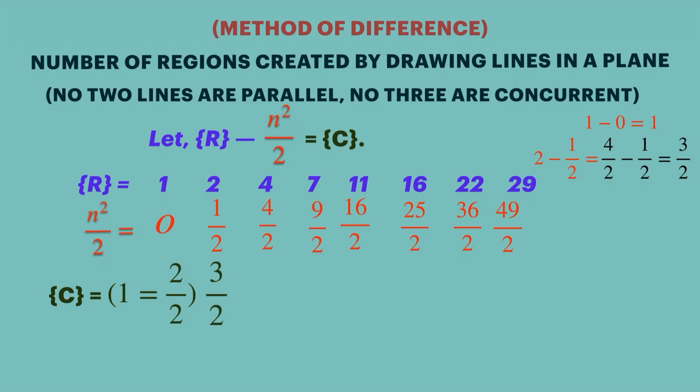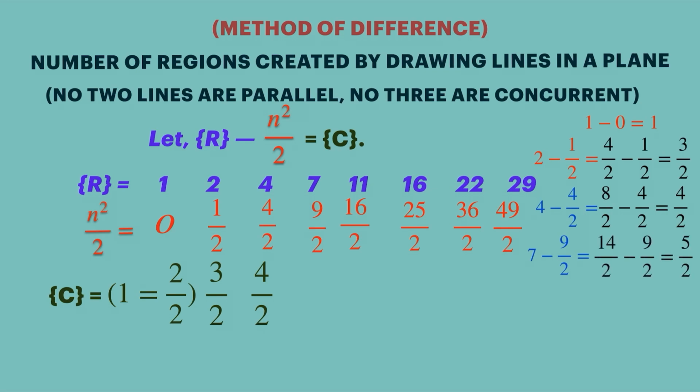Then 4 minus 4 by 2 comes 4 by 2, then 7 minus 9 by 2 comes 5 by 2. In this way, 11 minus 16 by 2 equals 6 by 2, 16 minus 25 by 2 equals 7 by 2, 22 minus 36 by 2 equals 8 by 2, and 29 minus 49 by 2 equals 9 by 2.